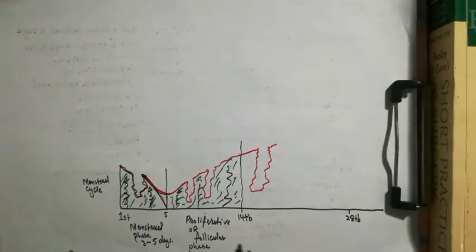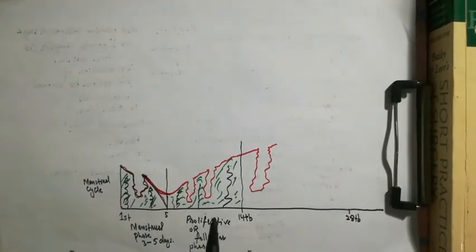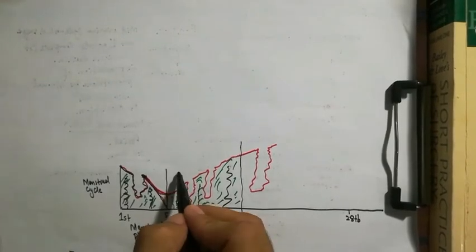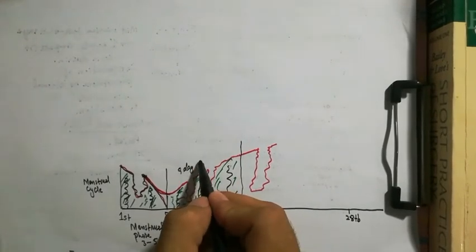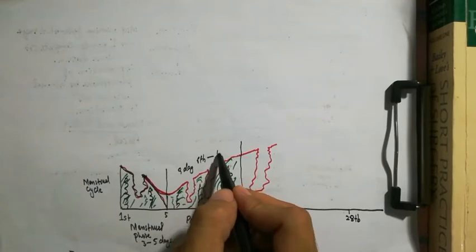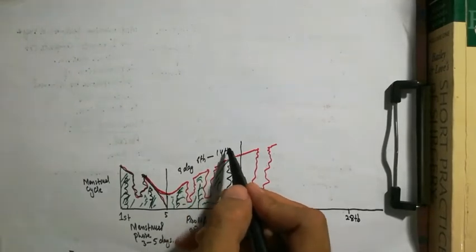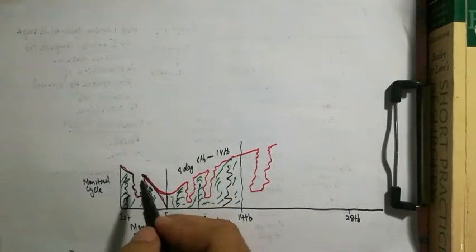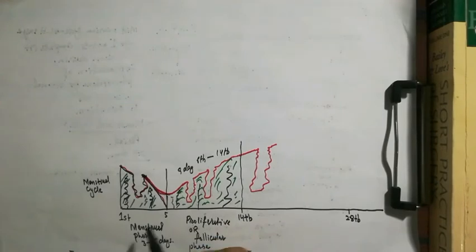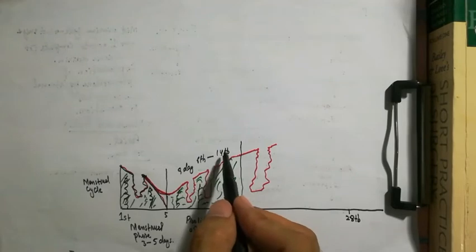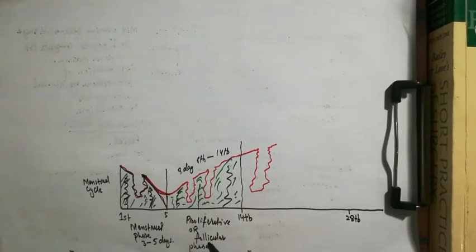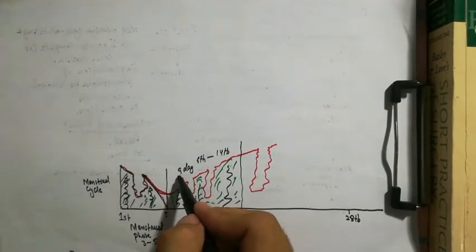In a cycle of 28 days, proliferative phase lasts for 9 days, means from 6th day to 14th day. 1st to 5th day last menstrual phase, and 6th to 14th day last proliferative or follicular phase, means 9 days.